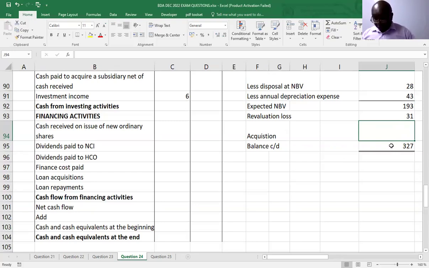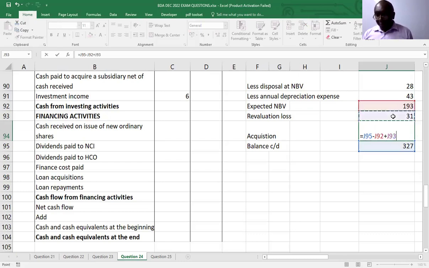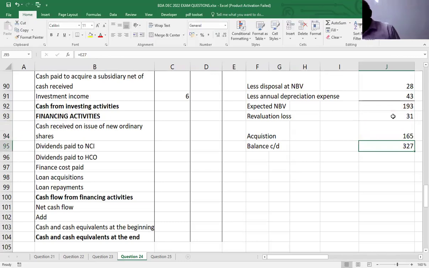I will have to say equals this 327, I minus this 193, but I add that one. That's all. Are we agree with that? Okay. Yeah. So I hope it's clear.